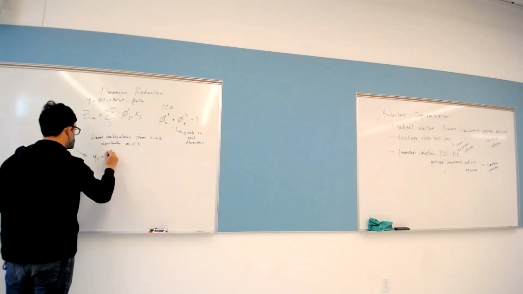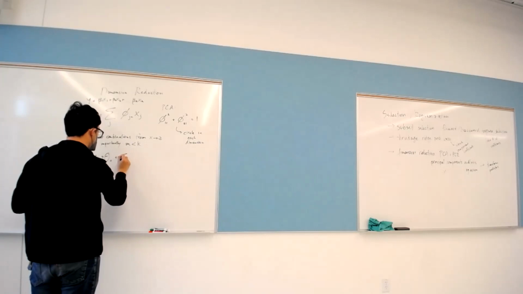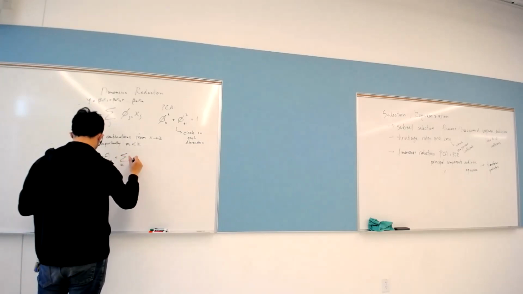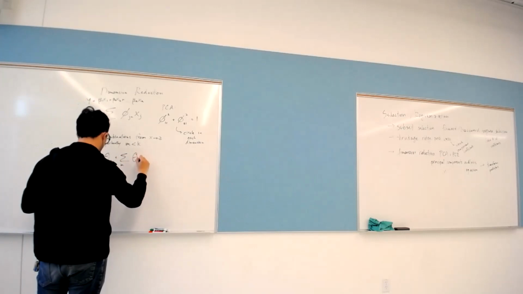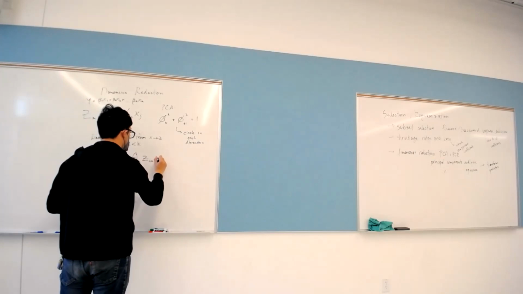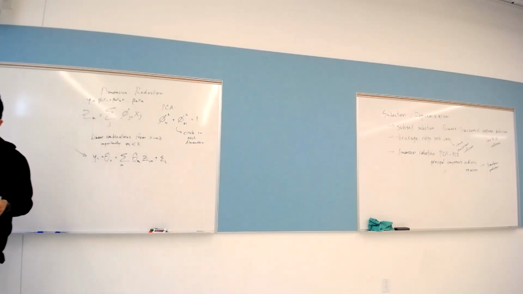Yi equals theta 0 plus the sum over m of theta m z im.